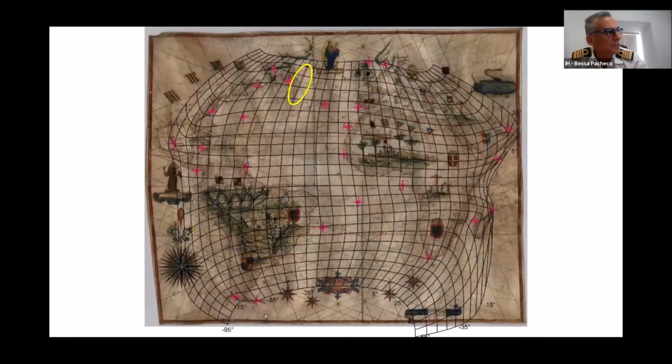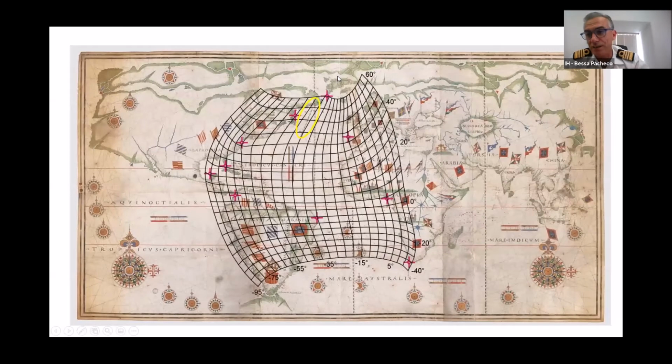If I tested with another chart, with a lot of points, also a tilted meridian over here, it does match again the convergence of the meridians for that area with the points that I have.